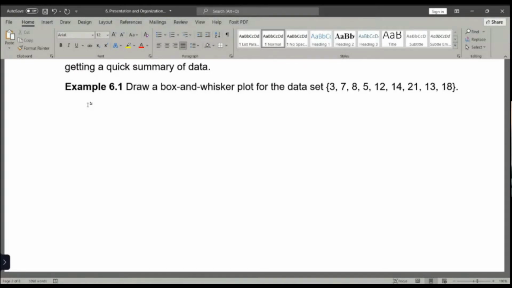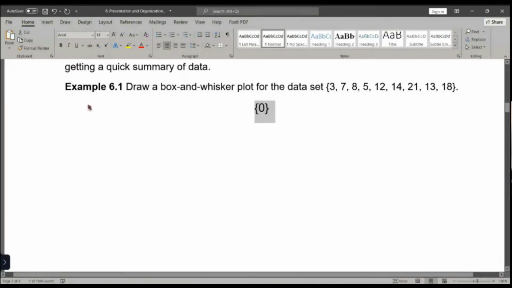So you have to draw the box and whisker plot. But before that, the first thing to do is to arrange your data in sequential order from the lowest up to the highest. So I'll be needing your help here. Kindly identify or arrange these values in sequential order.